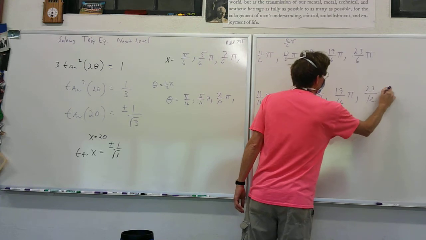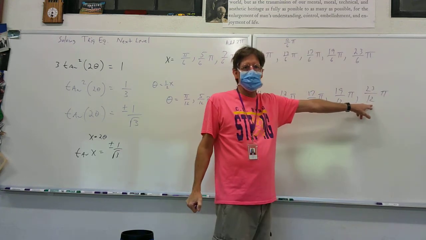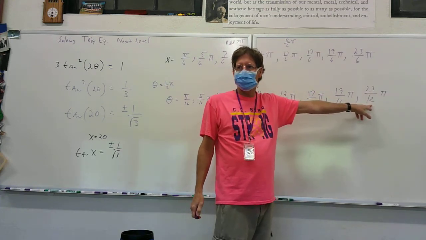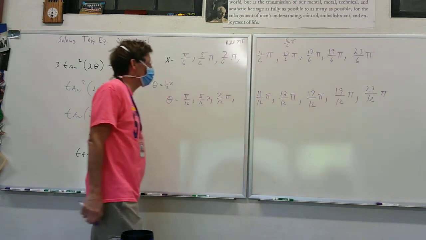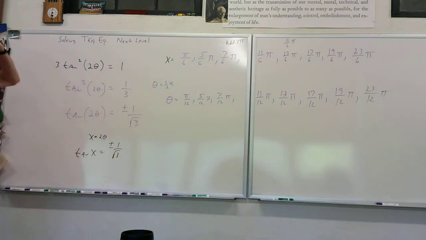And what you'll notice is, see how close that is to 2 pi? 23 over 12 is real close to 2 pi. And those would be all of your solutions on the interval 0 to 2 pi.